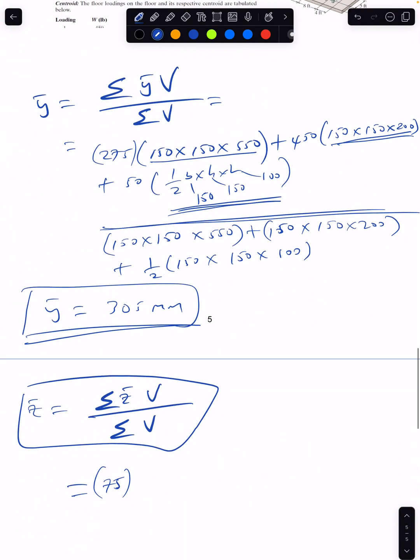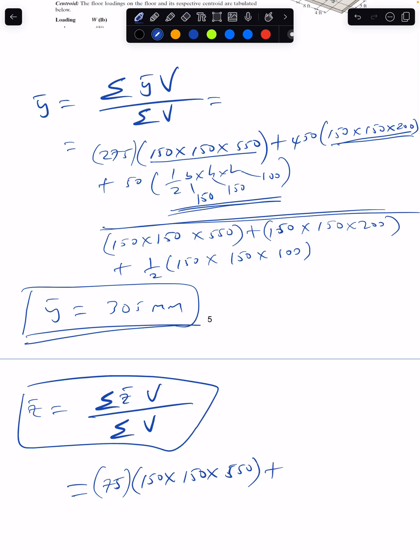Therefore I'm going to have 150 times 150 times 550. That is the volume.